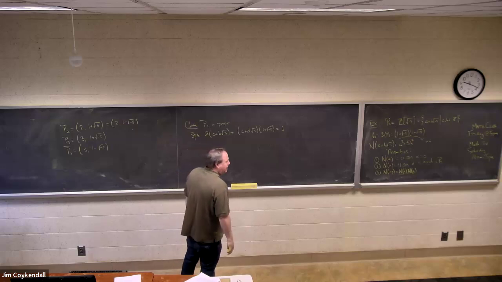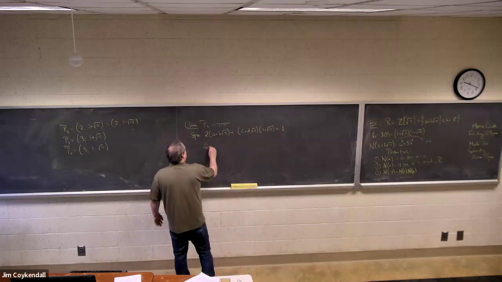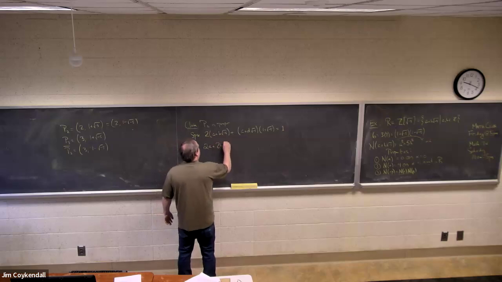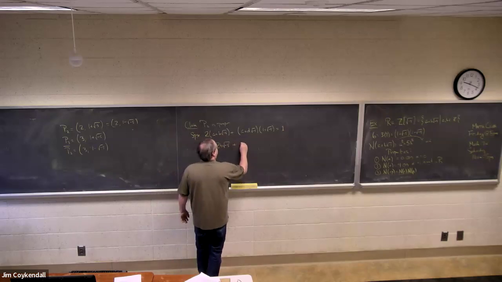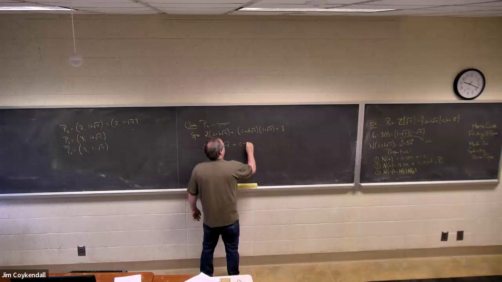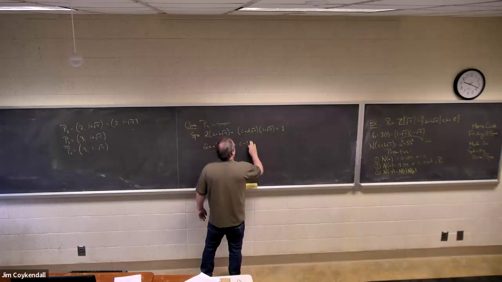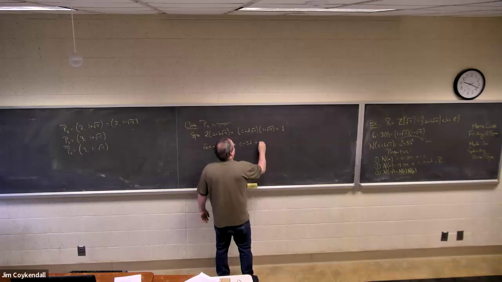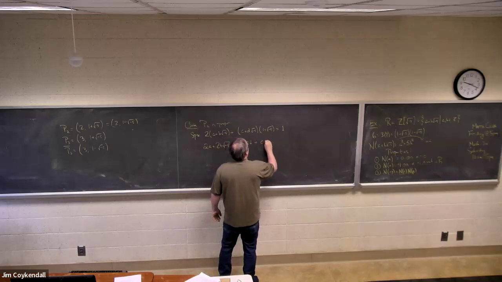Expanding, I get 2A plus 2B radical negative 5 plus C minus 5D plus C plus D radical negative 5.